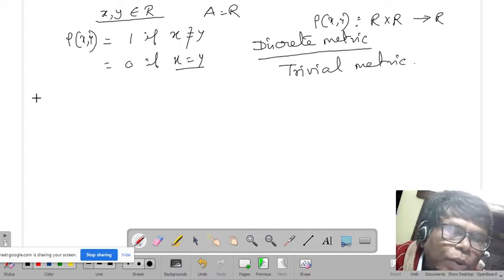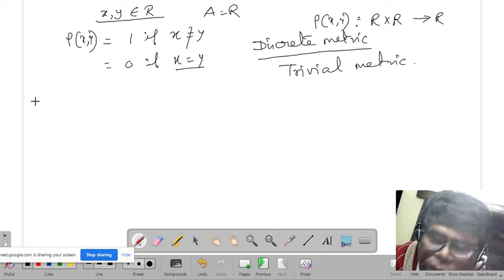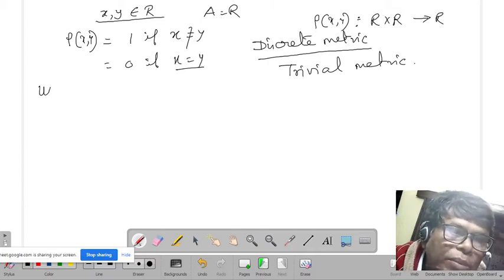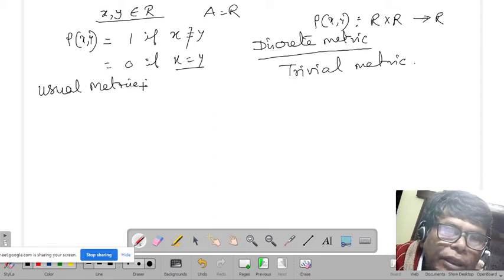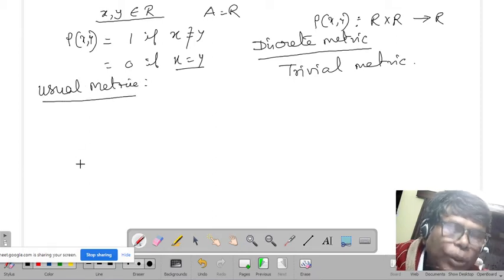Now usual metric, there is one word you will encounter here: usual metric. What is called usual metric? You have heard about the absolute value of a number.